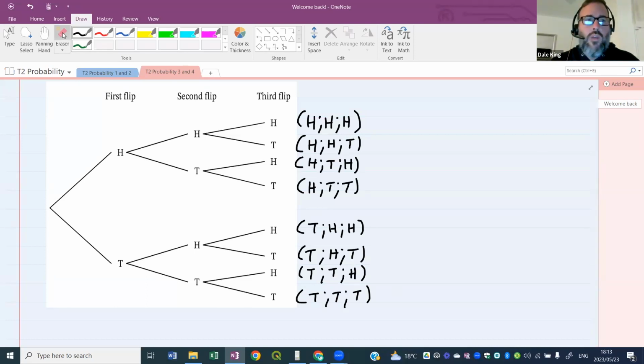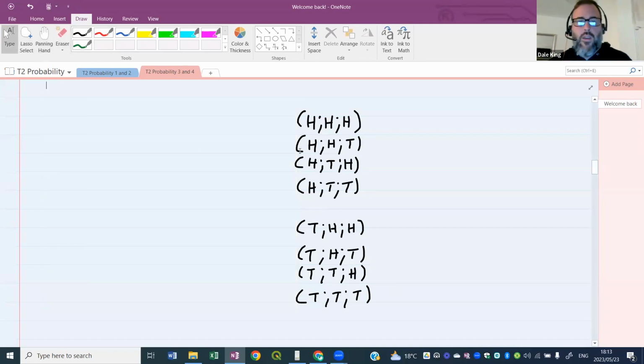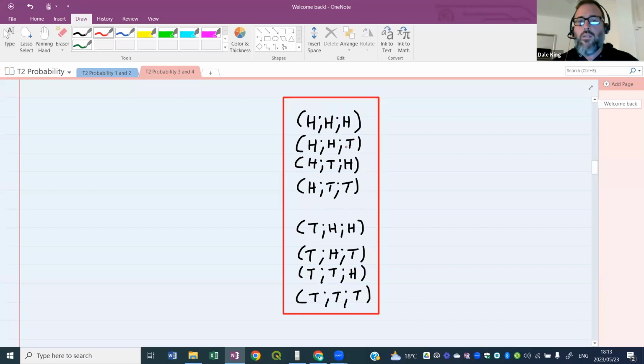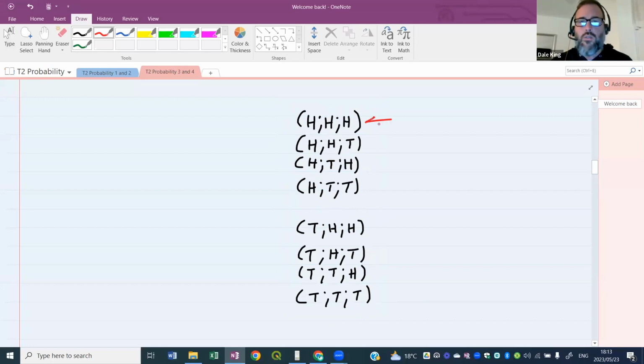Okay, so if we took the tree diagram away, just for a second, these results here are from our experiments. And without the tree diagram, we could tell what happened. So the first result says when you tossed a coin 3 times and recorded the results, you got heads, and then tails.